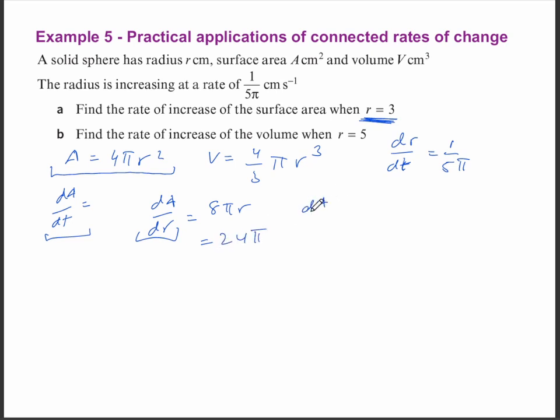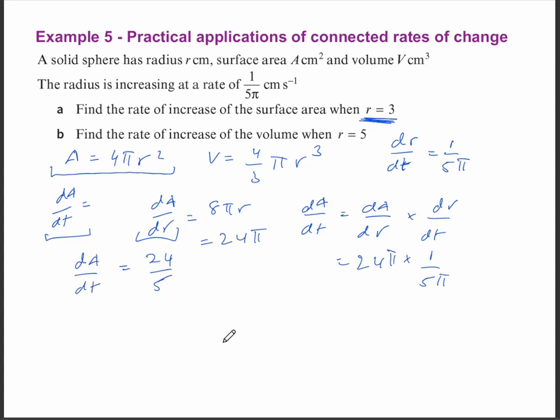Therefore, dA over dt, which is equal to dA over dr multiplied by dr over dt, will be 24 pi times 1 over 5 pi. This will give us the answer to be 24 over 5. That is going to be our rate of increase of surface area when our radius is 3.